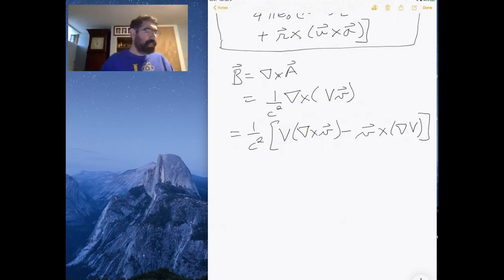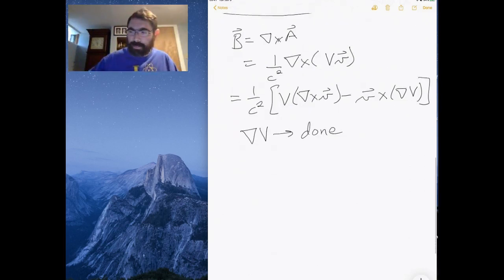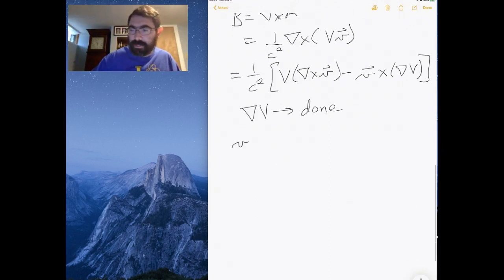Okay, so this term here, the gradient, we've already worked that out. That's done. We can substitute that in. If I now look at the curl of the velocity, then I would have, if you remember from previous lectures, minus the acceleration crossed into the gradient of the time.